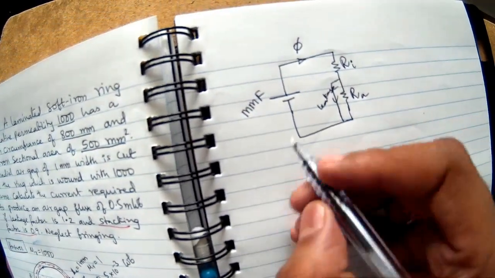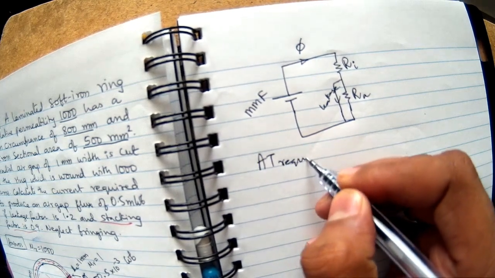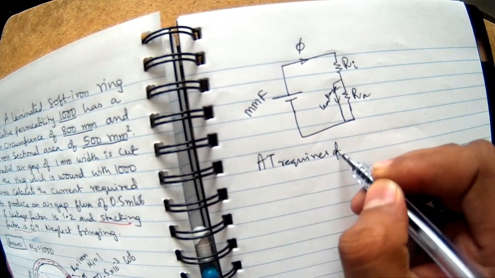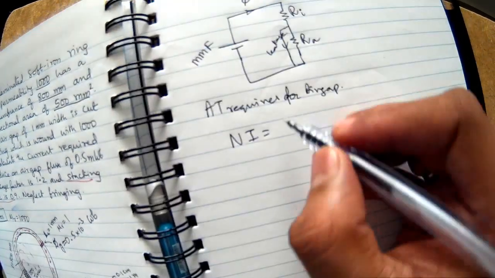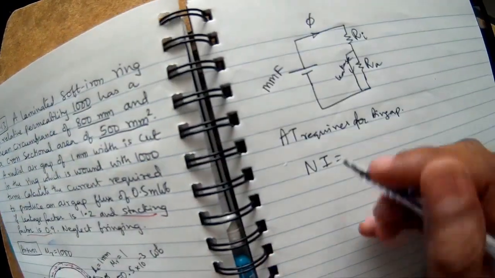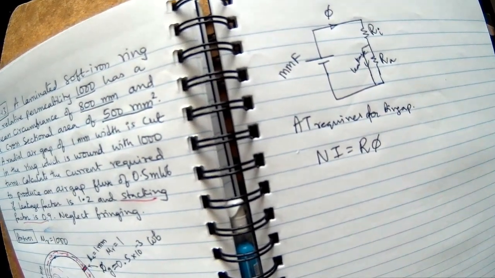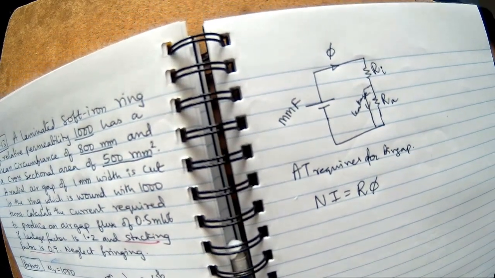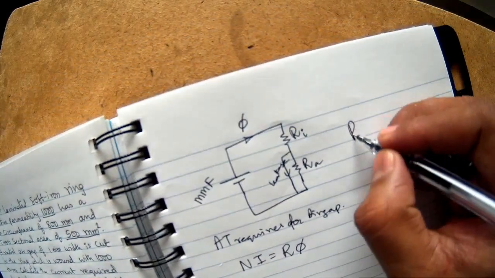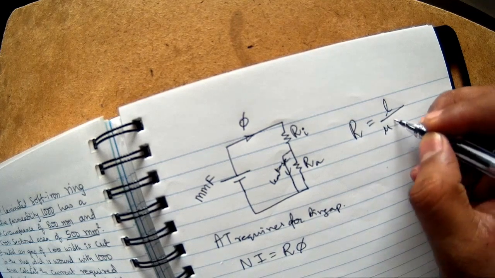So let's first find out what are the ampere turns required for the air gap. You know ampere turns is nothing but, from the formula here, reluctance into flux. So this is nothing but Ohm's law. So what is reluctance? We can substitute the value for reluctance. Reluctance is nothing but length divided by mu into area.